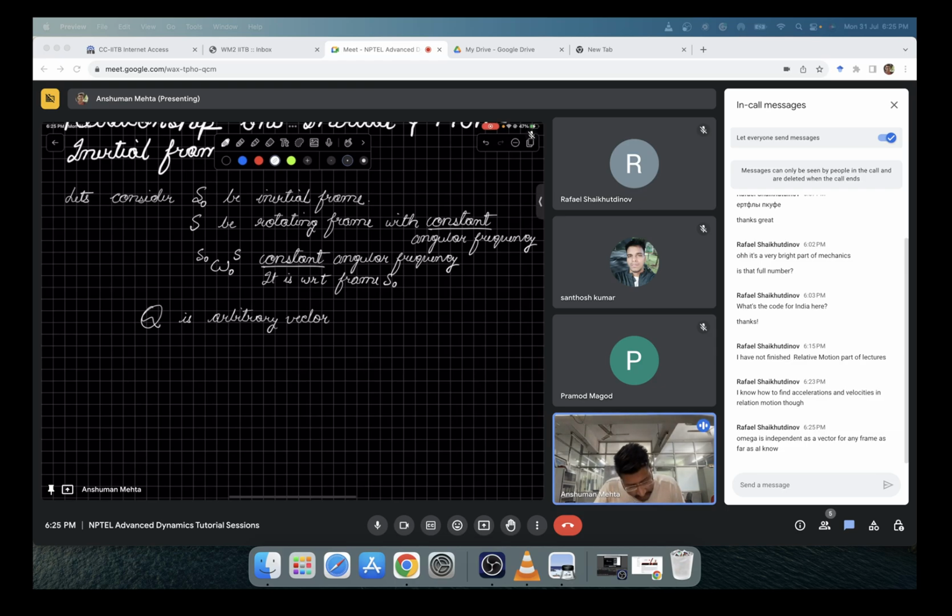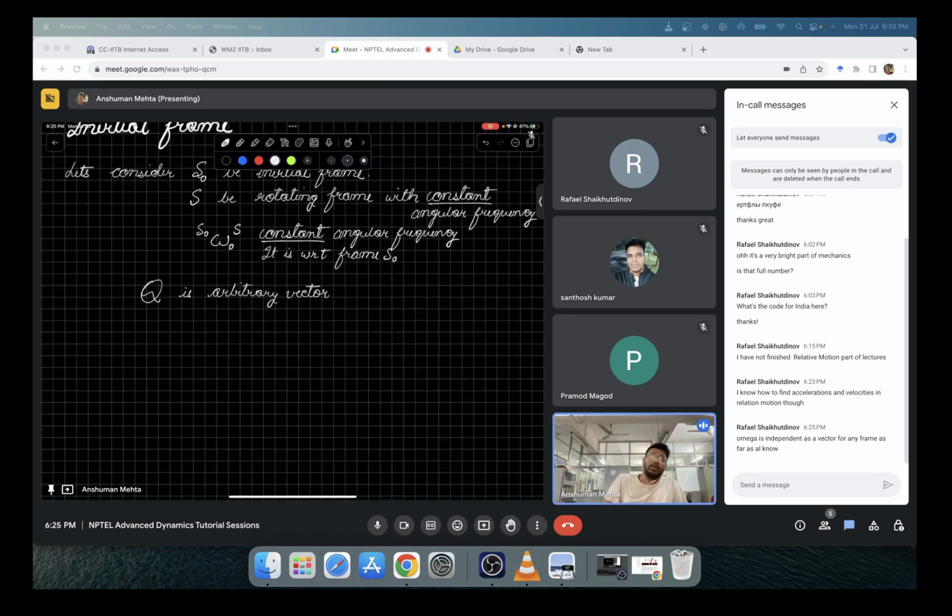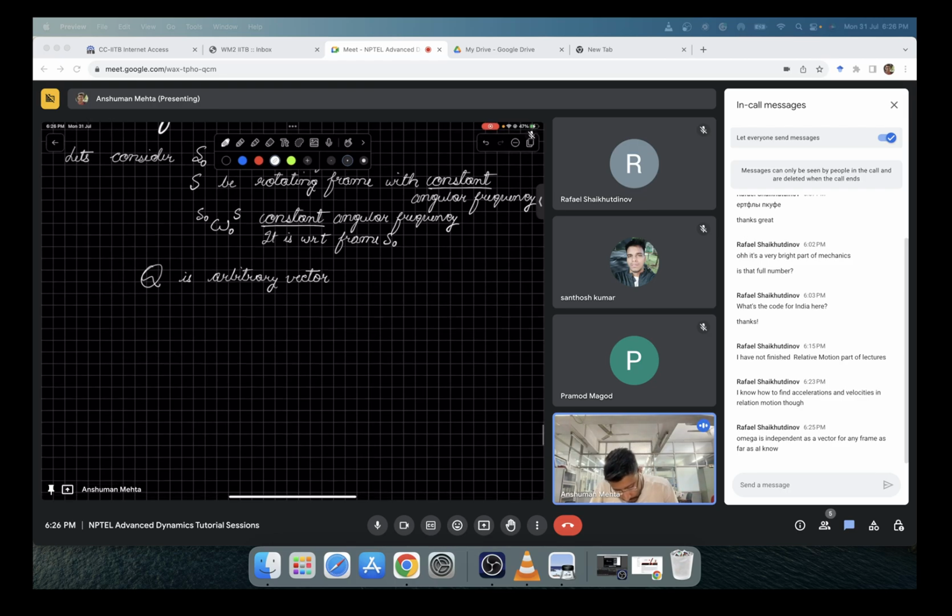It has to be a vector, but it can be, let's say, the coordinates of a point in one frame, or the velocities of that point, or it can be acceleration also. So now what does this relationship say?